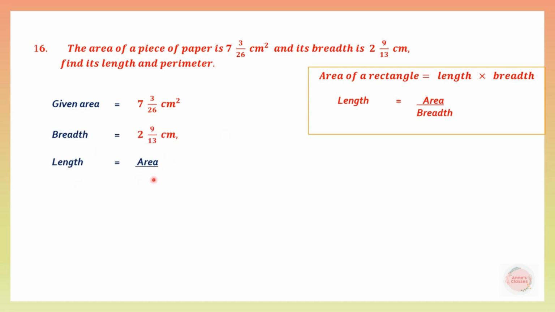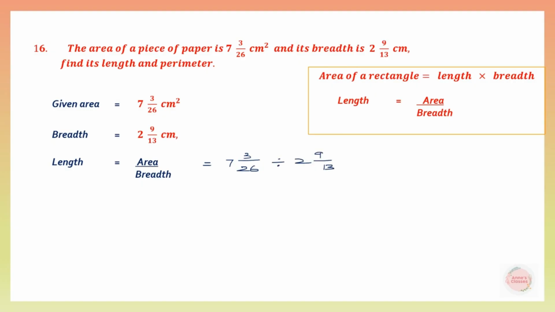Now to find the length, the formula is area divided by breadth. So here let's do that. Area is 73 by 26. Now this is divided by the breadth, which is 2 9 by 13. So let's do this division.